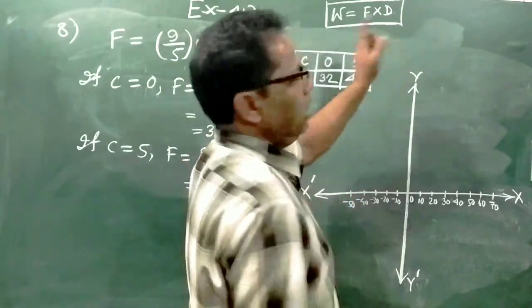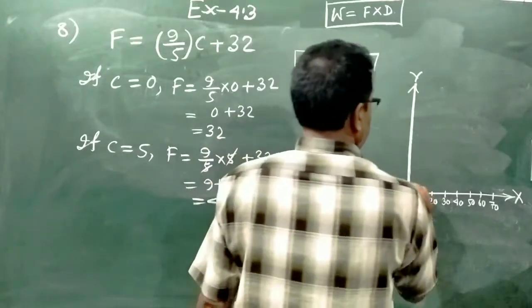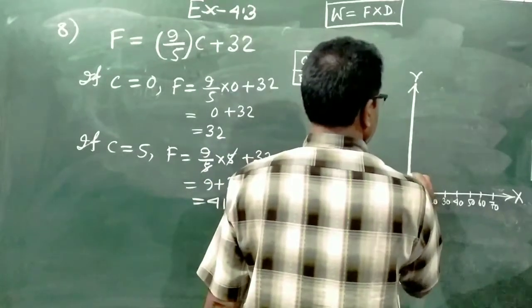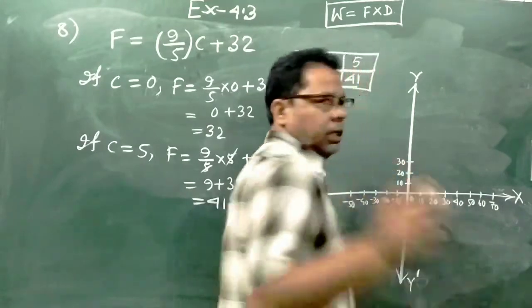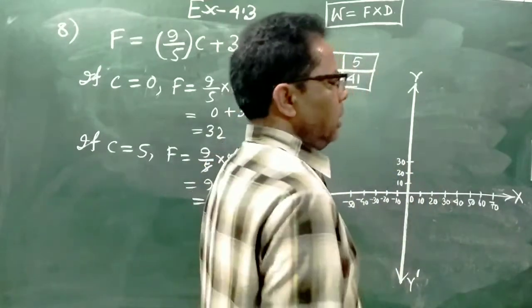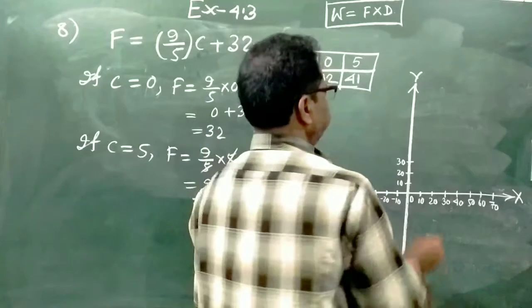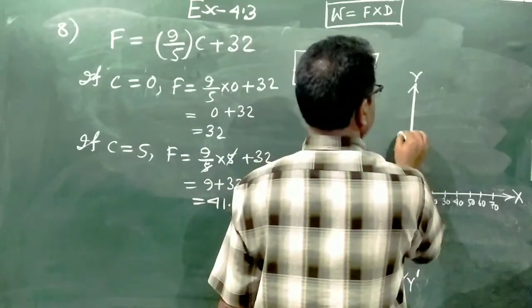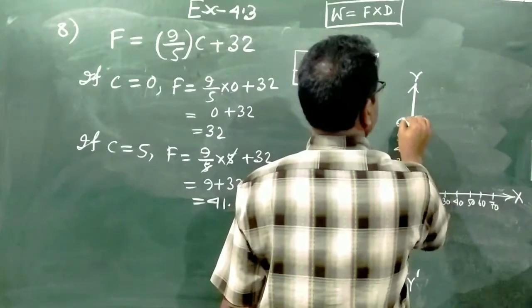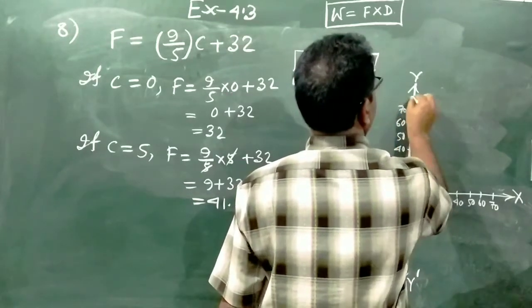And upside y positive, 10, 20, 30. You take one big square as 10 units using your graph paper. 30, 40, 50, 60, 70, 80.